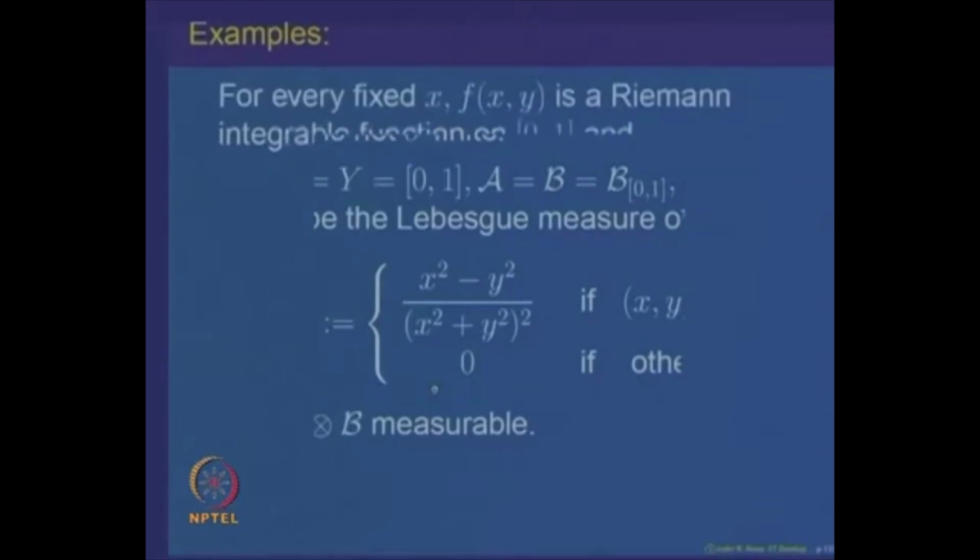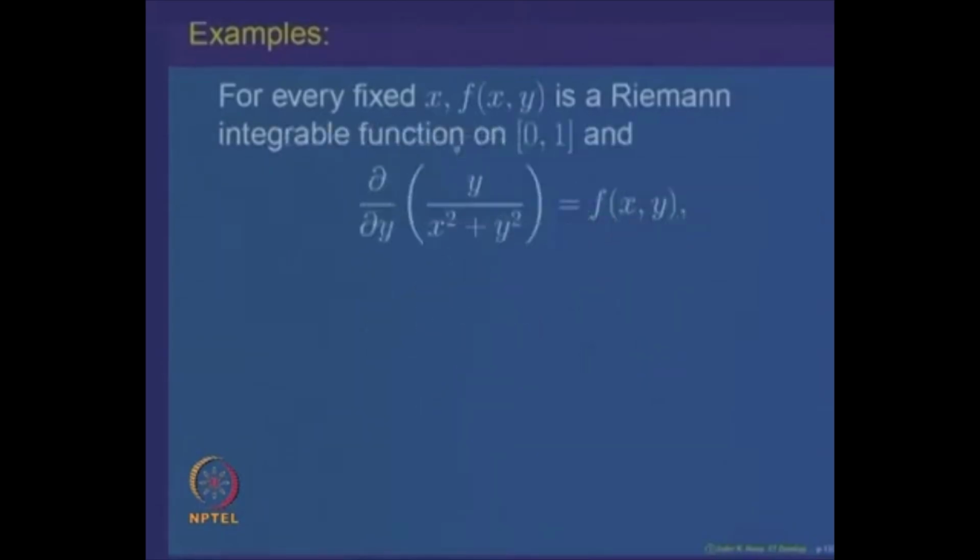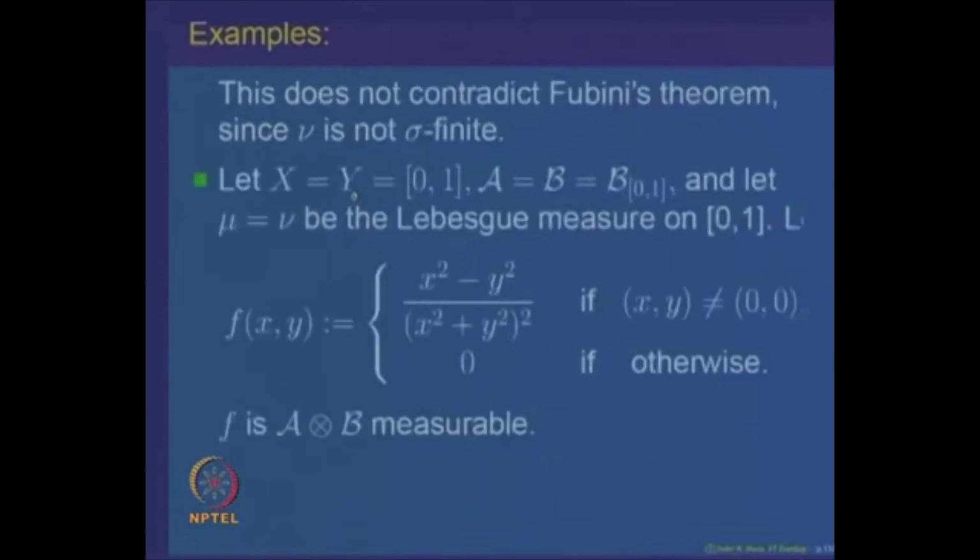Now, let us compute the iterated integrals of this function with respect to the measures separately. So, let us first observe that for every fixed x, if I fix x at any point, then this is a function which looks like (x square minus y square) divided by (x square plus y square) whole square. So, that is a function of y, for every x fixed, continuous almost everywhere except at the point 0.